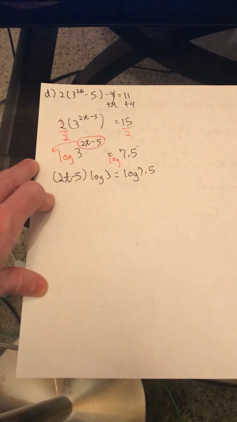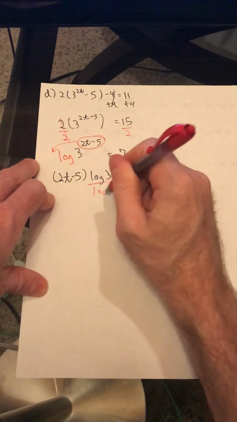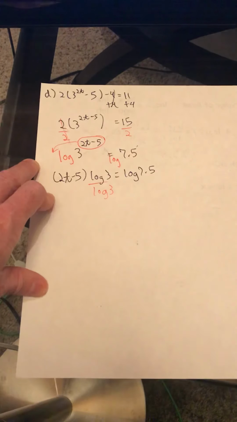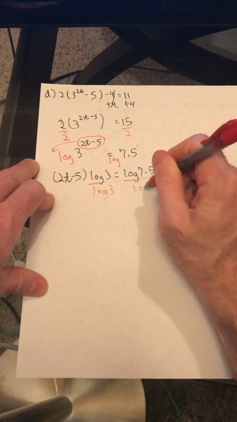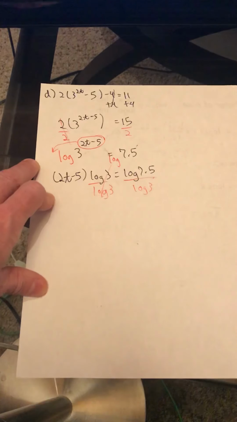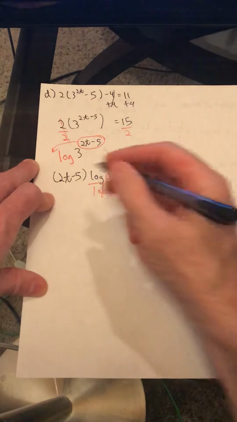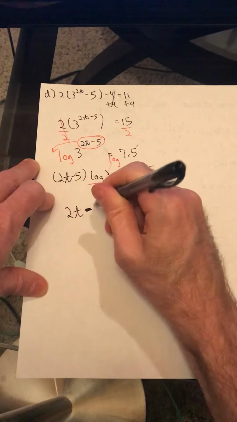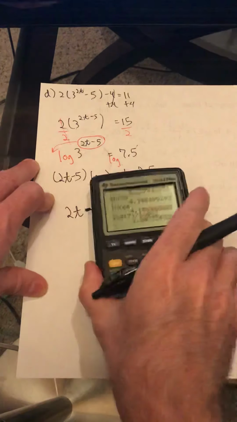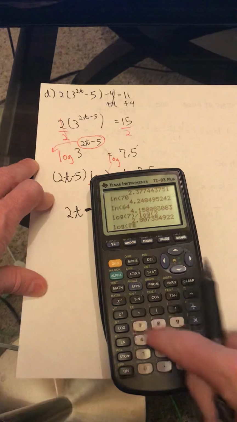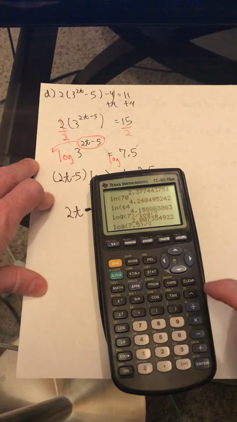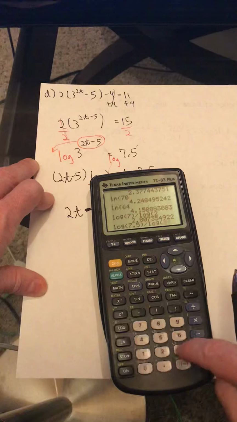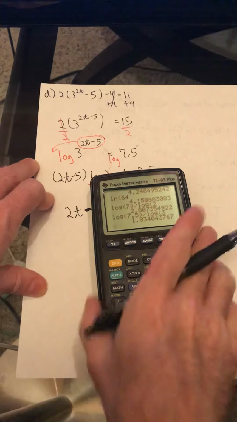And then from here, like our change of base, divide the log 3 over, and 2t minus 5 equals, I have absolutely no idea what decimal that is, 1.834.